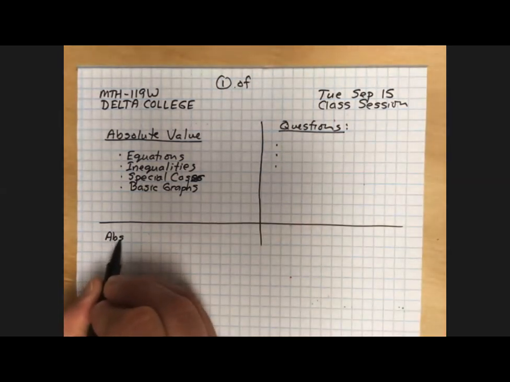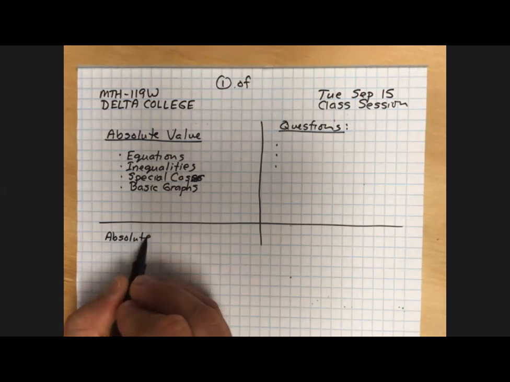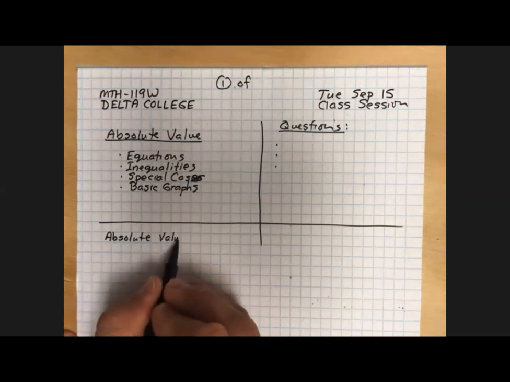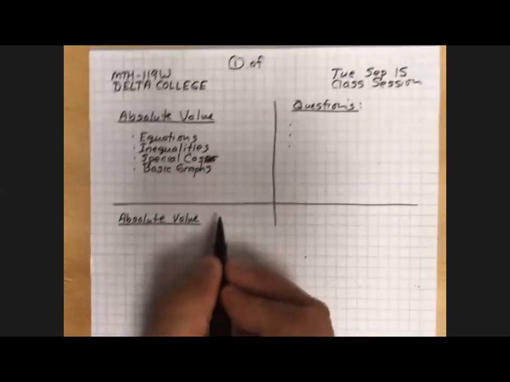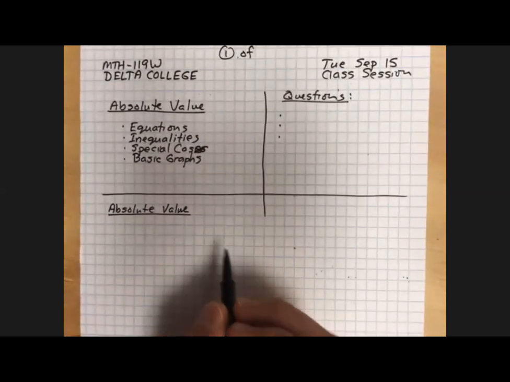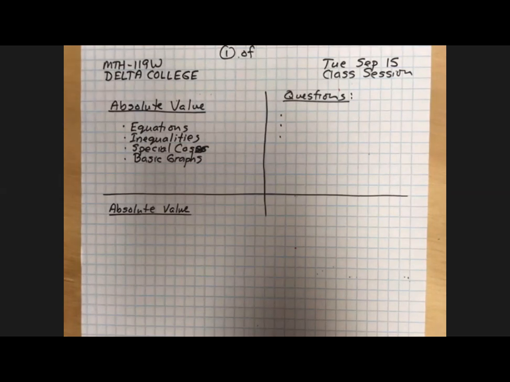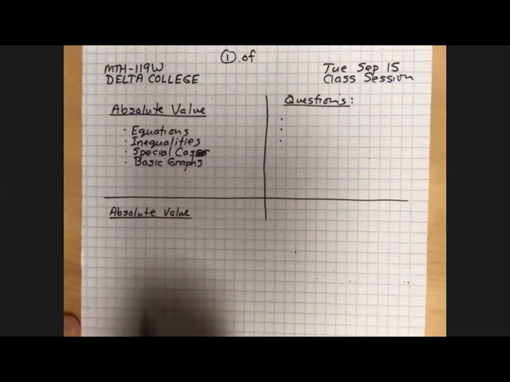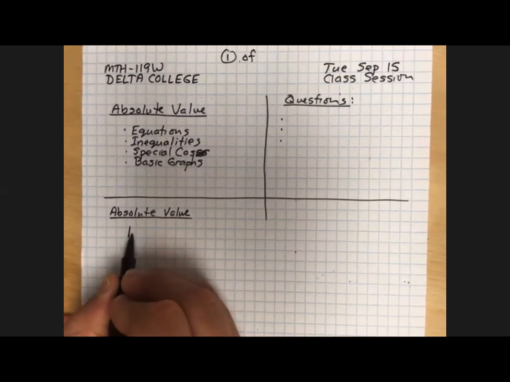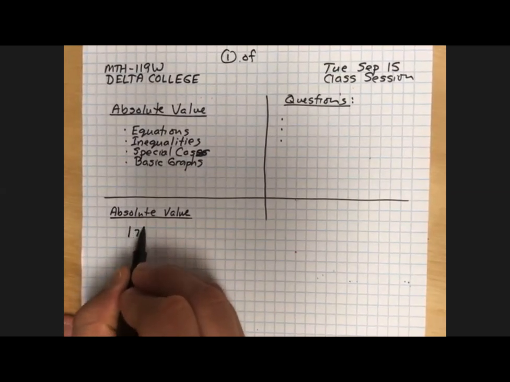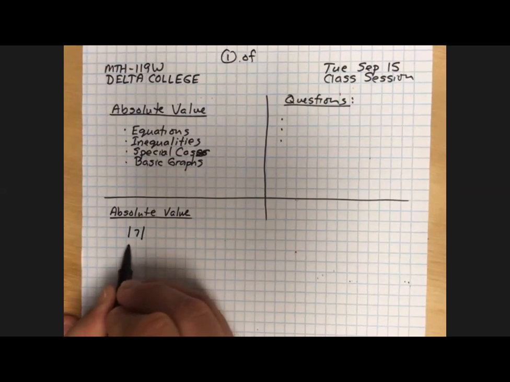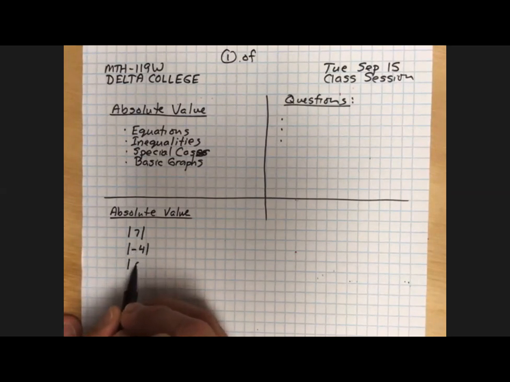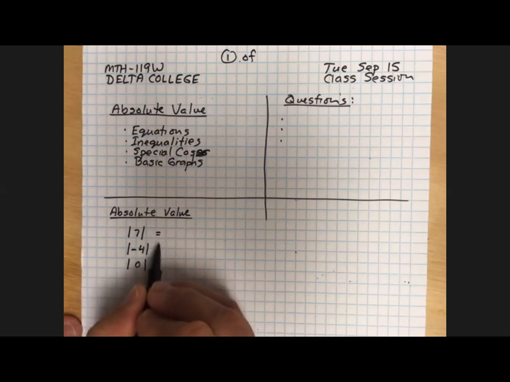So let me just remind you what absolute value means. You may have used it many times, but I want to be sure that you have a particular vision in your mind. Even without any coaching, you may be able to answer these questions because you've seen it before.